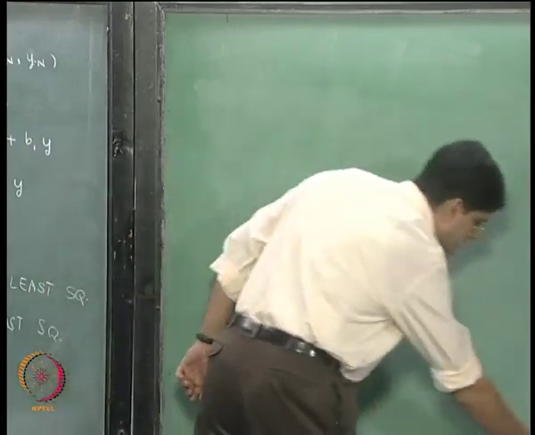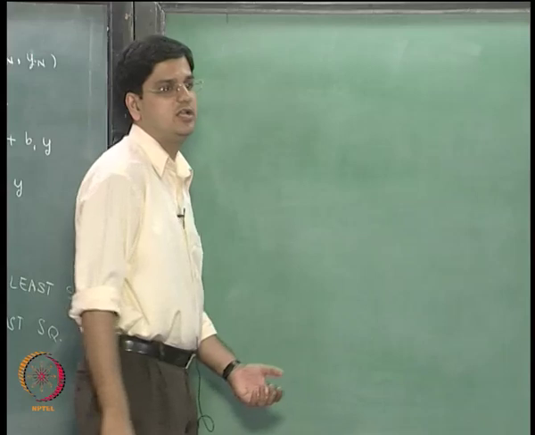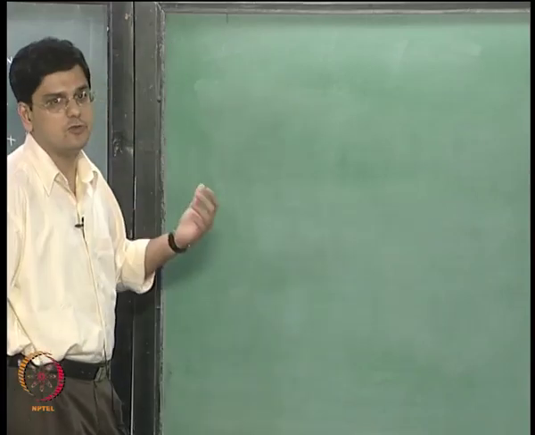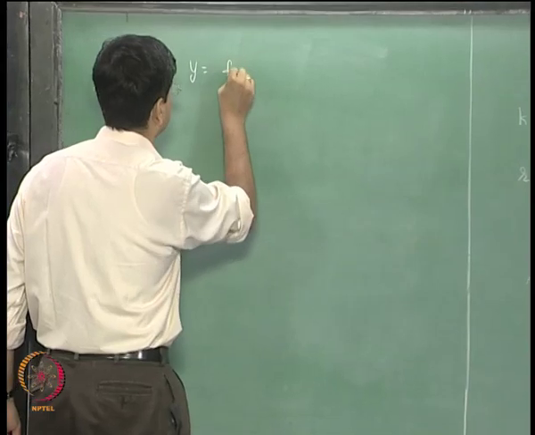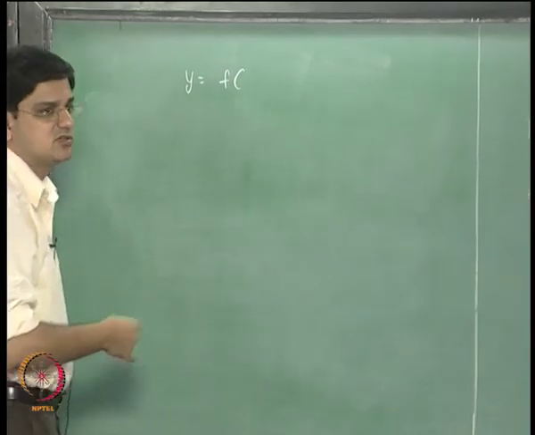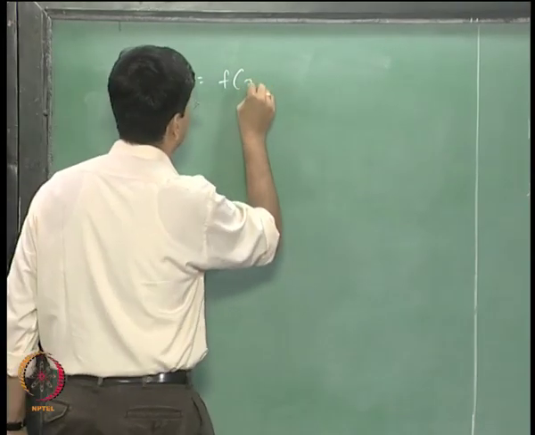Let us say that we want to do a non-linear regression when the equation is of the form, say, y equal to some function f of x comma a0 comma a1.